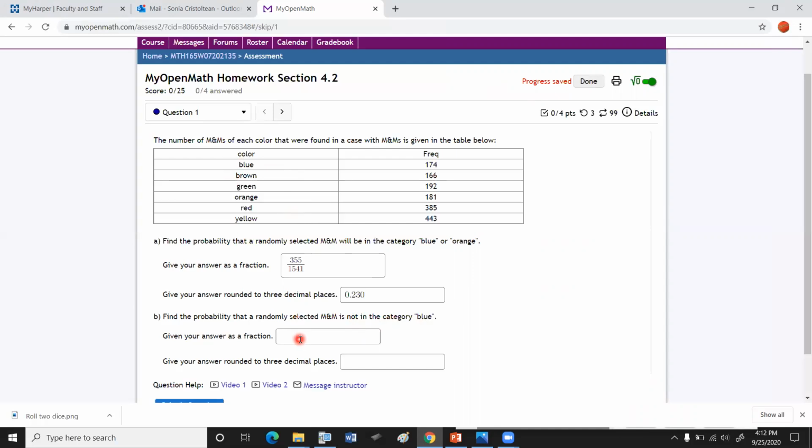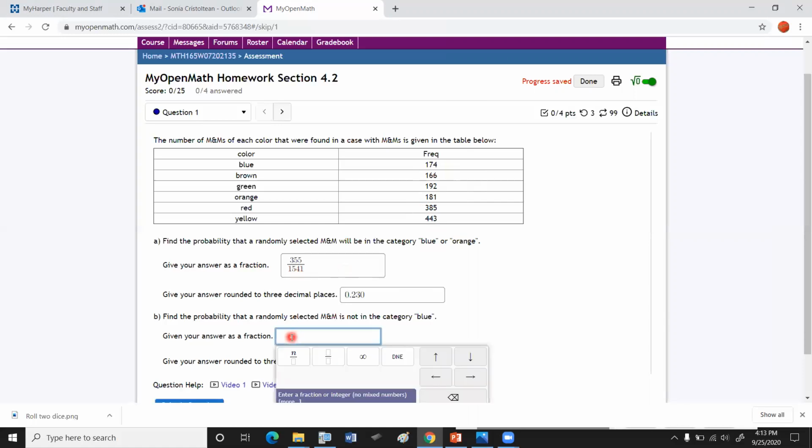Through the complement, you subtract the probability of being blue from 1, which means you are left with everything else. Another way is to add all of the outcomes of the other colors and divide by the total number, which is 1541. I will do it through the complement just because it's easier.